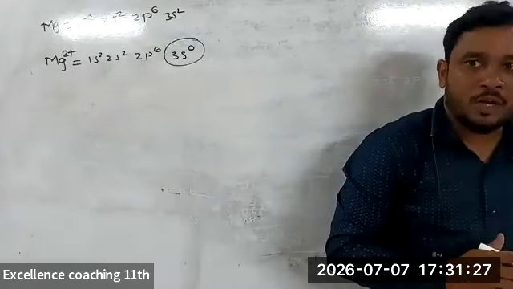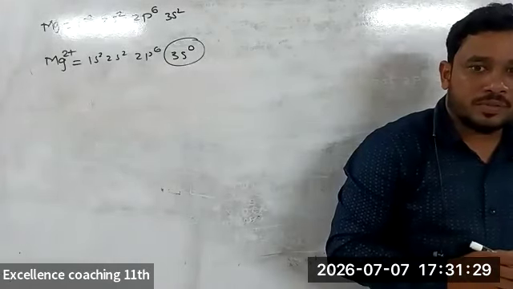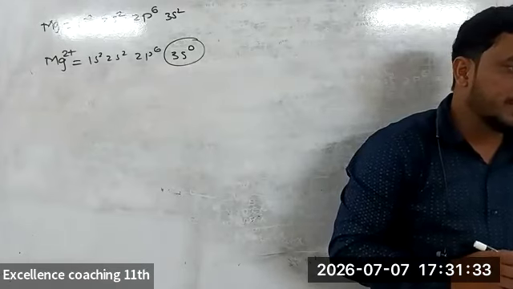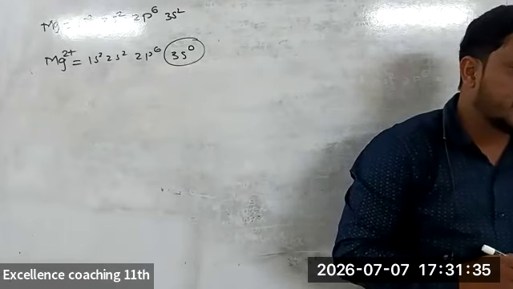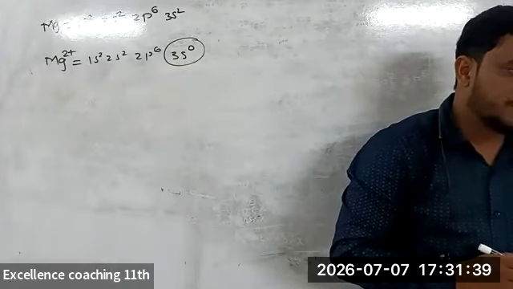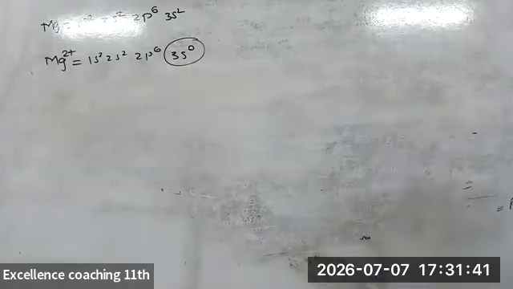Okay, take this example. Aluminium 3 plus. Aluminium Al 3 plus. You got this? Draw the orbitals also. In s there is one orbital. Here three. Here one.